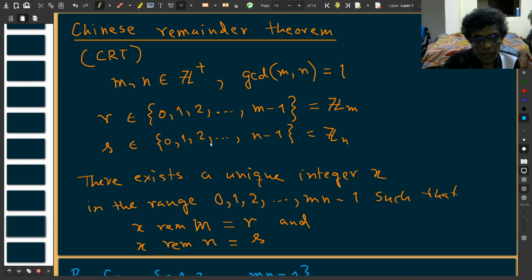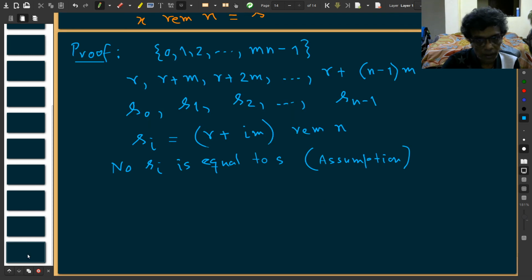There are n possibilities and s never appears in that list. So there are now n minus 1 remainders possible, whereas I have n remainders. So it must be that some remainder is repeated. So no si is equal to s, so n minus 1 possible remainders.